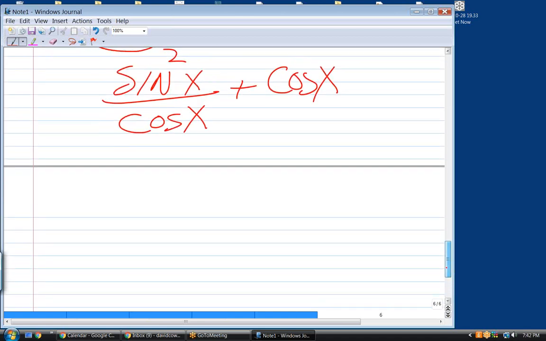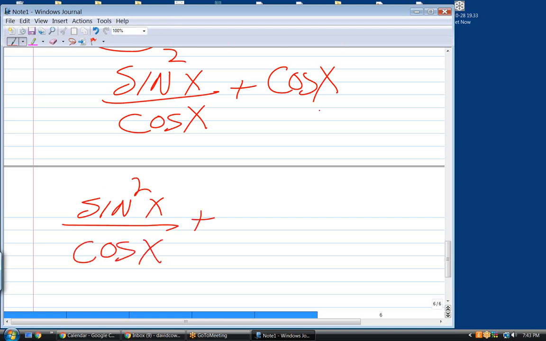Couldn't we cross out? Well, you can't really cross out, but you can add the 2 of them together. In other words, I've got to find a common denominator, though. My common denominator is going to be cosine x, and in order to get that over there, I've got to multiply top and bottom by cosine x.